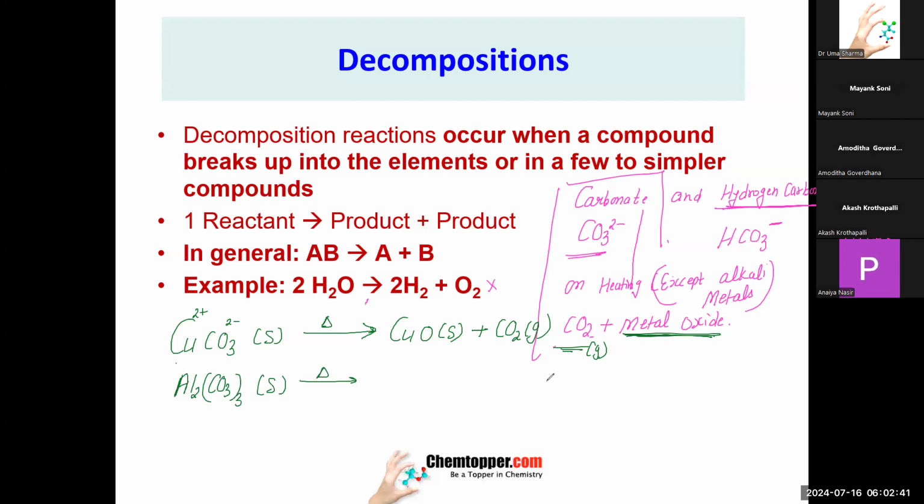You know the charge on aluminum? Of course, one is CO2, but you have not made the right formula of aluminum oxide. Look at the periodic table. Check the charge on aluminum. Yes, Ananya, you are right. Al2O3. Yes, you are right, Amodita. And this is a solid again. Now balance the equation.